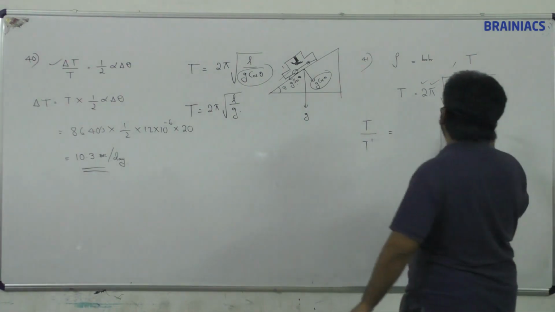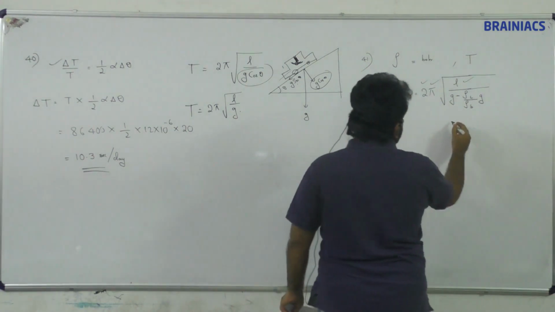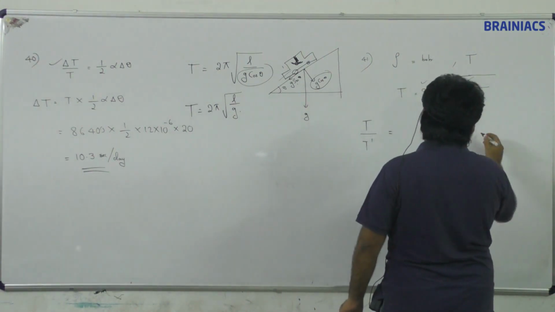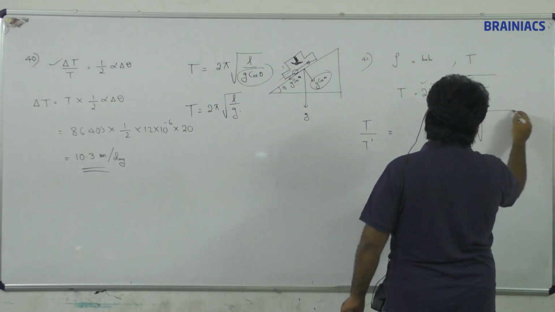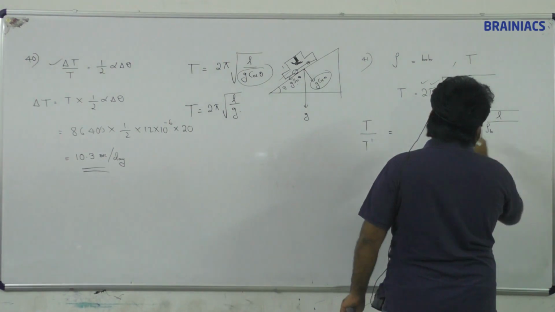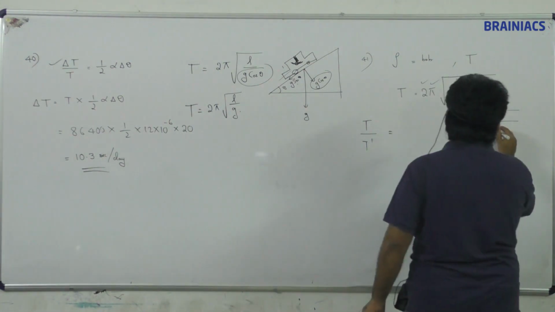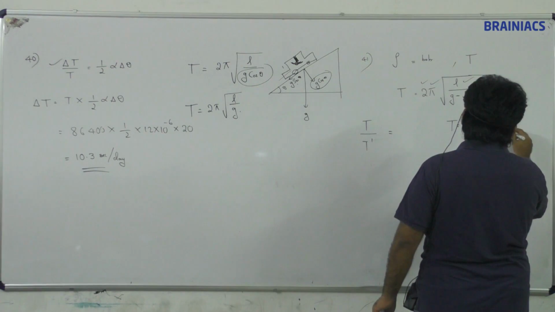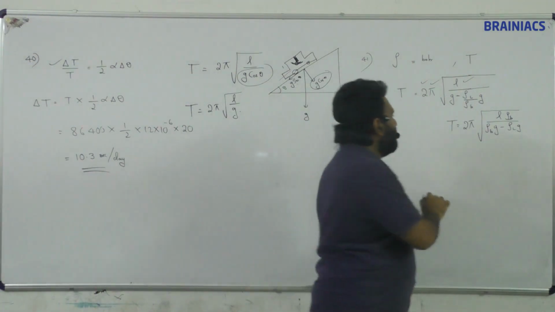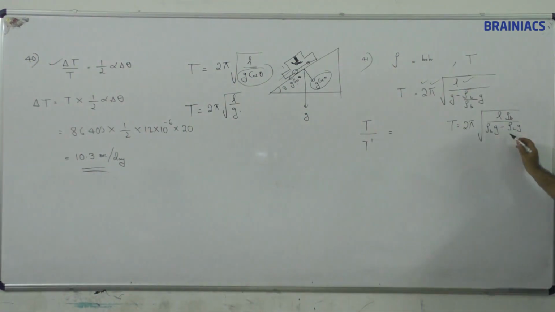Now we will simplify this. This is going to be 2 pi root of L divided by density of the bob into G minus density of the liquid into G. The density of the bob will go here. I can take this G out.